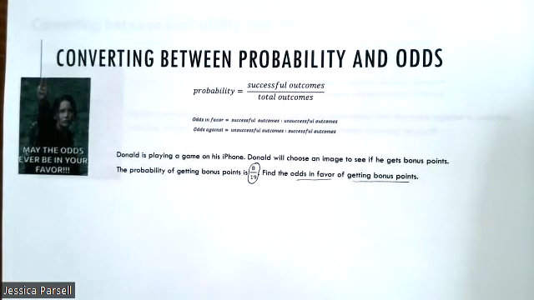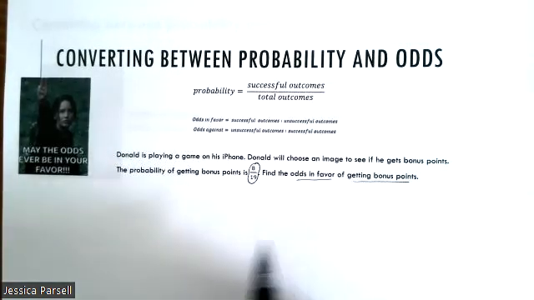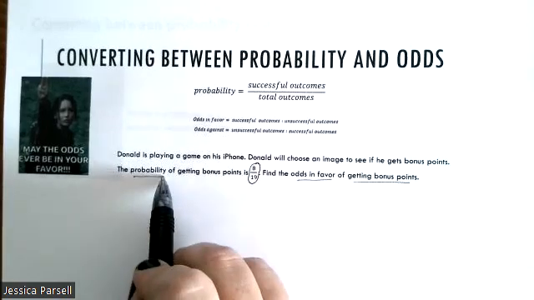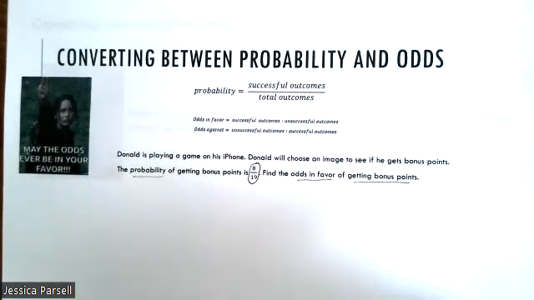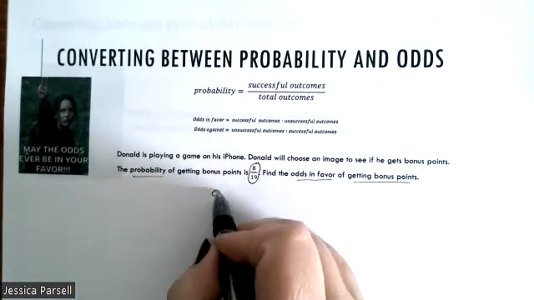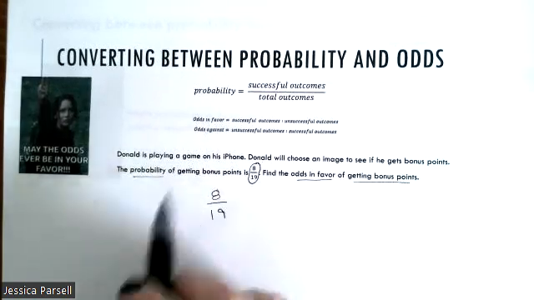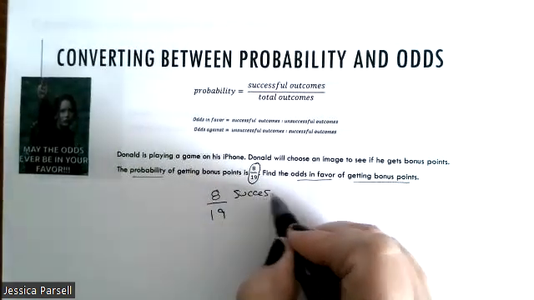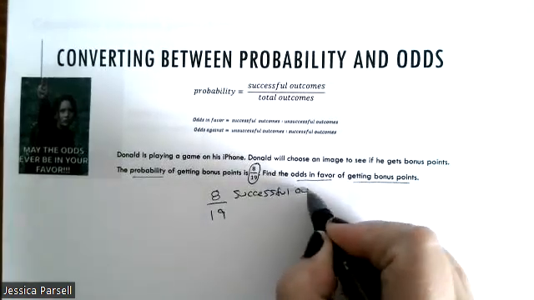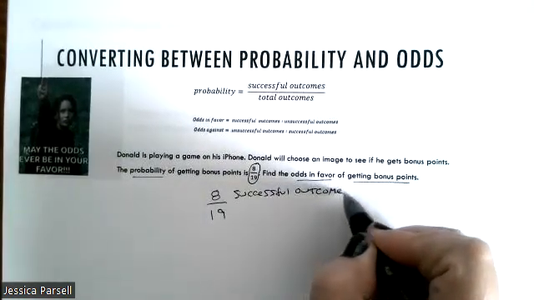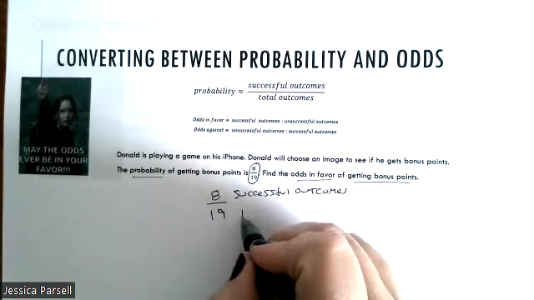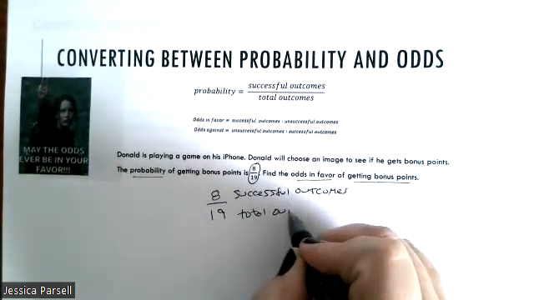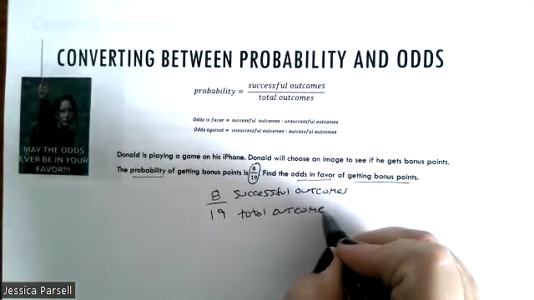Okay, let's break this down. So what do we have? We've got probability they gave us, and they want us to convert it to odds. Exactly what we're told that we have to do here. So let's break down 8/19. 8/19, if it's in probability form, is successful over total outcomes.